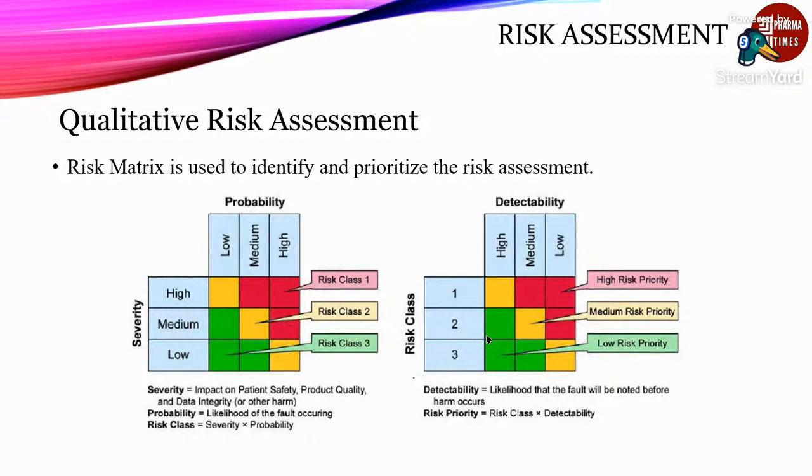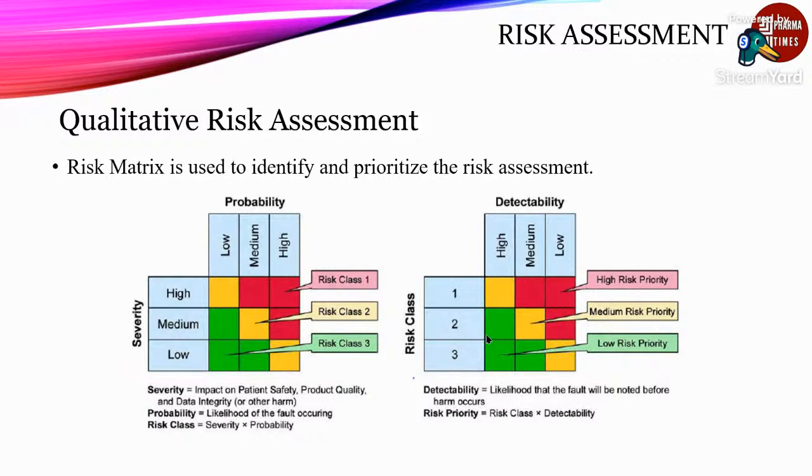If I define risk class 1 and its detectability, meaning control, is high, then my risk is a medium risk priority. If my risk class is 3 and my detectability is low, meaning there is no detectability, then its cross section is in yellow, then it's a medium risk priority.